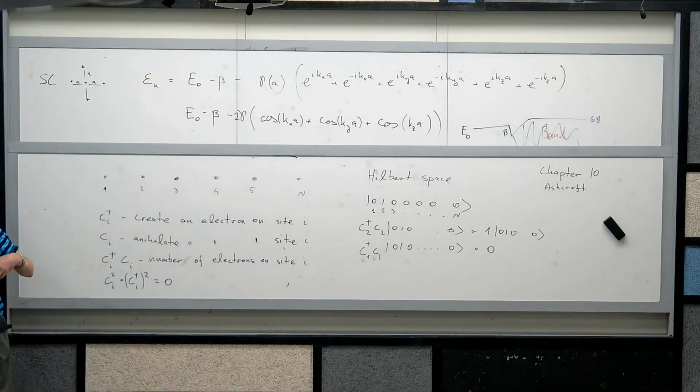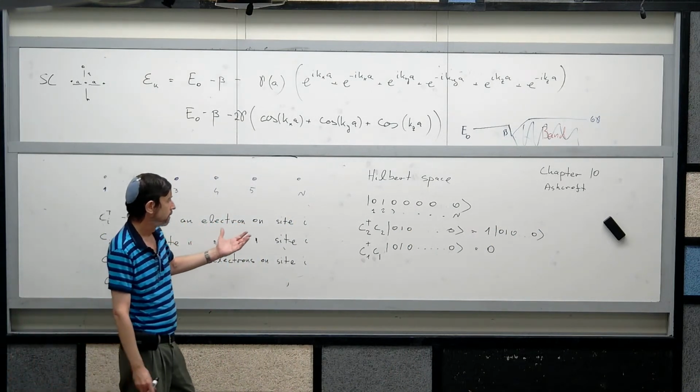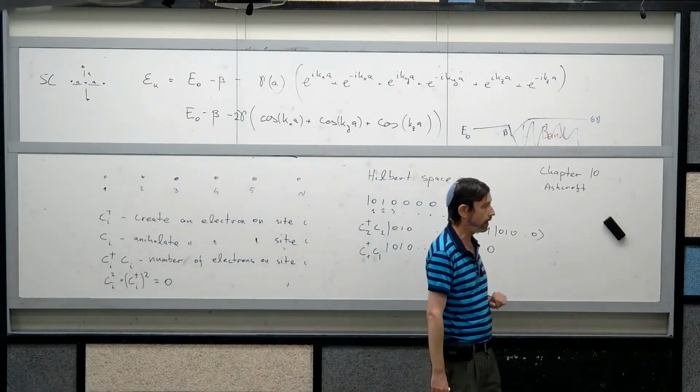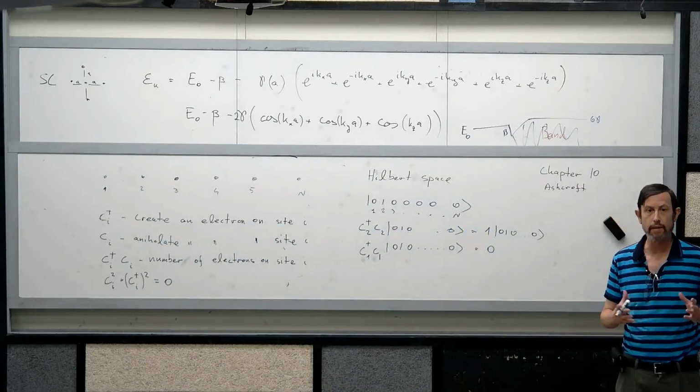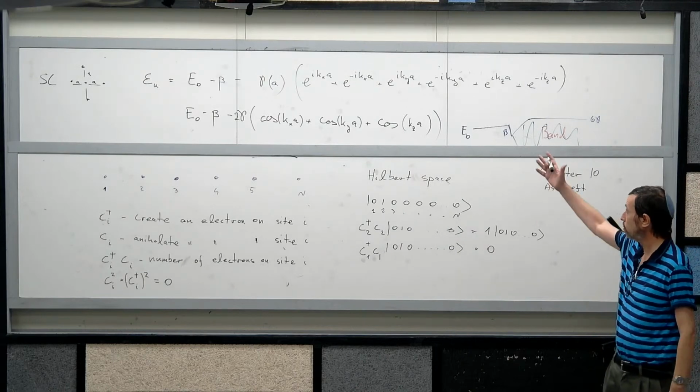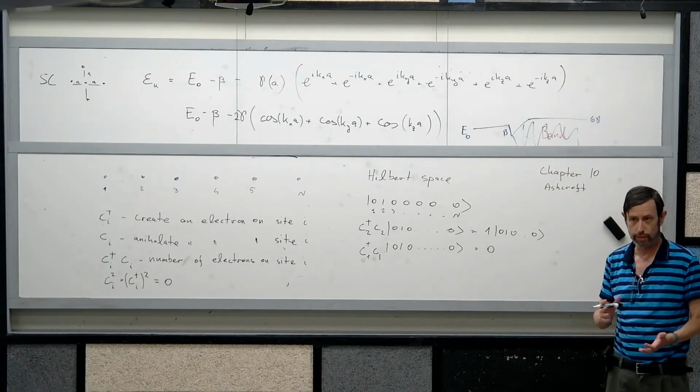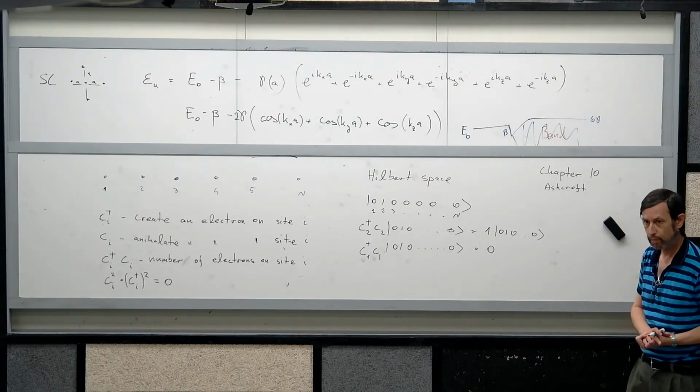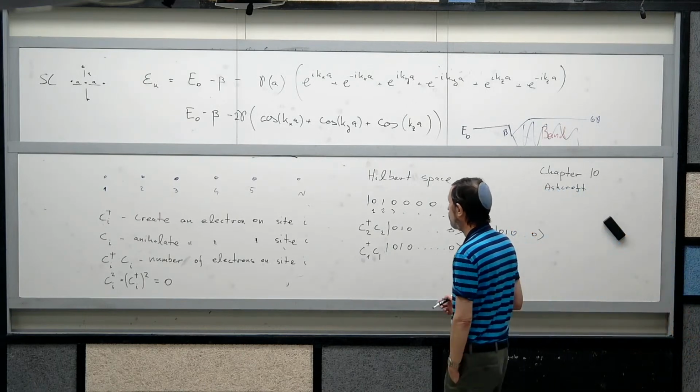Okay, from these building blocks, I can easily write a tight binding Hamiltonian, just will give the description that we obtained previously, and it goes the following.